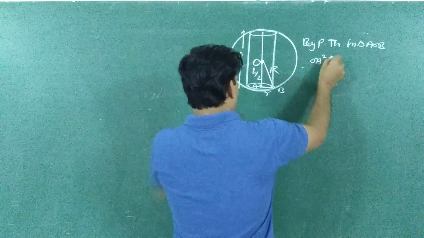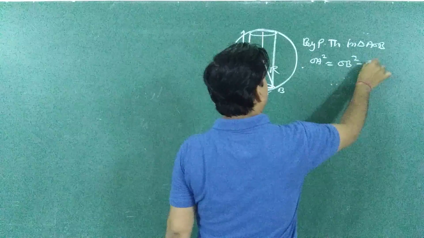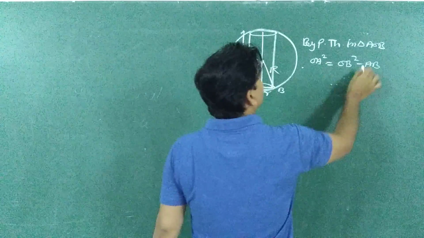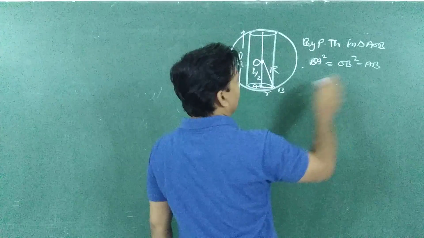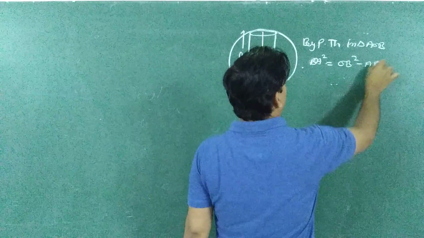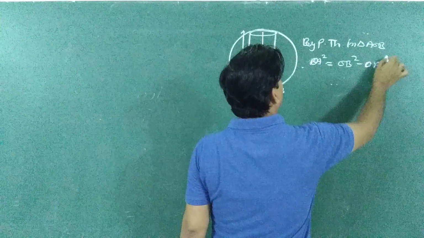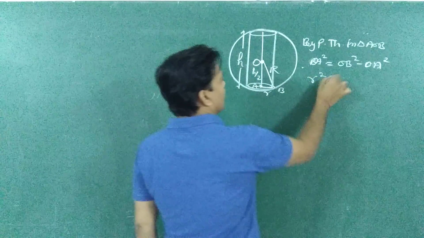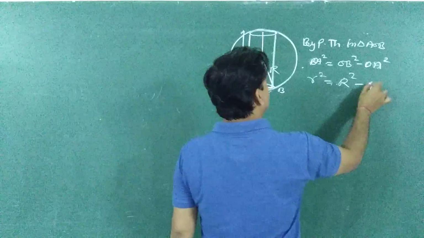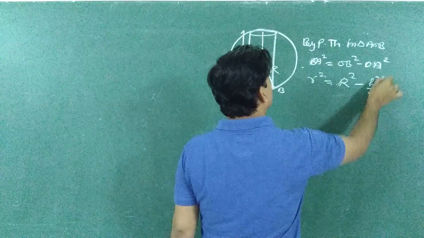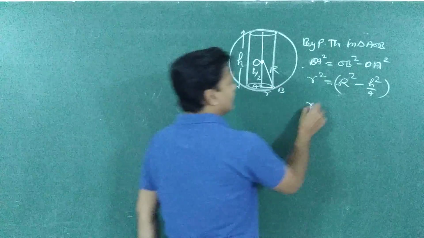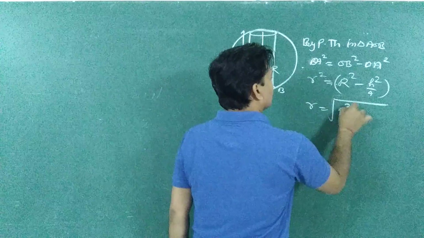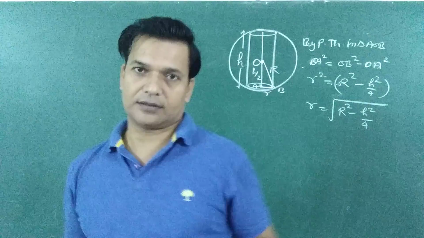OA square is equal to OP square minus AB square. So putting the value, r square minus h square by 4. This is our radius, and to get the value of r exactly, taking the square root. This is our radius for the cylinder.